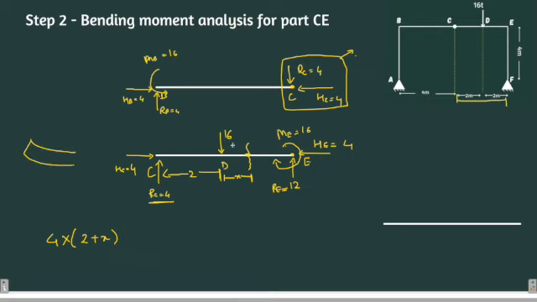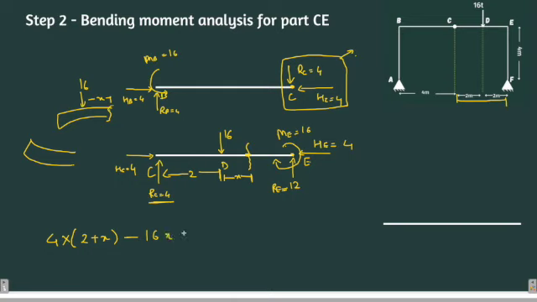But 16 ton, mind it, is trying to rotate it like this. Here somewhere 16 ton is acting and it is trying to rotate the point X like this, so it will be hogging. So let me write it: 16x.